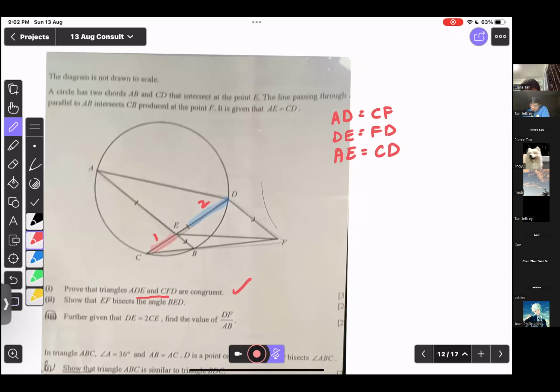So DE is 2 of CE. EF over AB. AB, can I say is the same as AE plus BE? DF is the same as DE also, right?